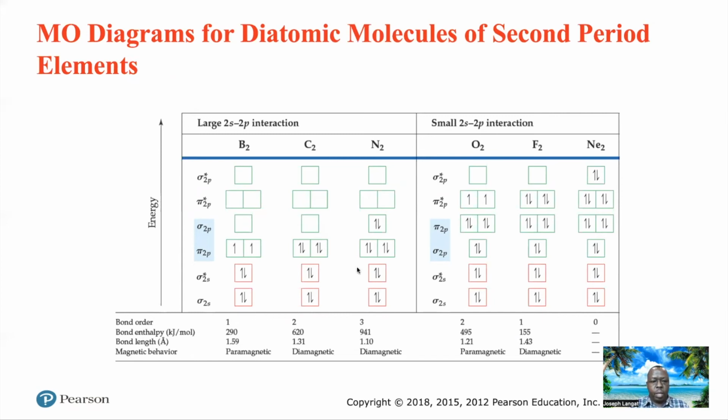So if I look at the bond order for beryllium, it is 2, and the reason being bonding minus antibonding, half of 2 is 1, half of 4 is 2, half of 6. So you end up with the bond order for each one of them.